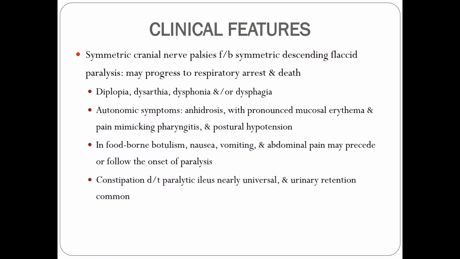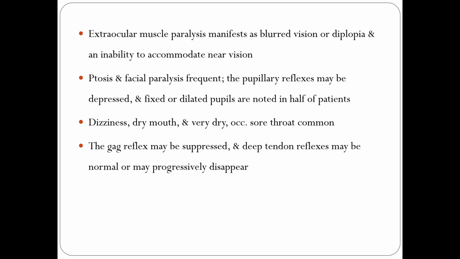Coming to the clinical features, mostly flaccid paralysis is seen. There are different clinical features seen in different parts of the body. In the GI or urinary tract, nausea, vomiting, diarrhea, abdominal pain, intestinal illness, and urinary retention can be seen. And neurologically, dry mouth, blurry vision, diplopia, dilated pupils, and dysphagia can be seen.